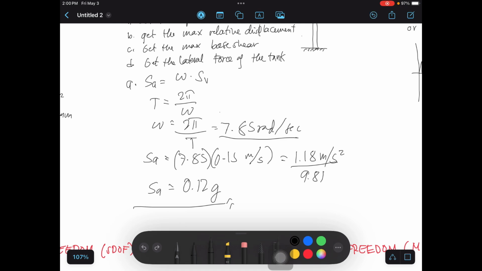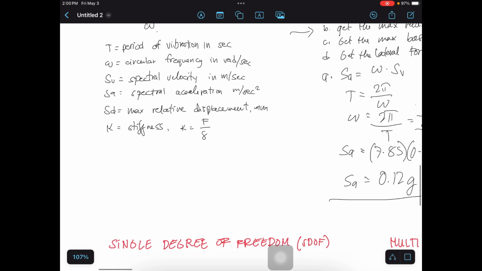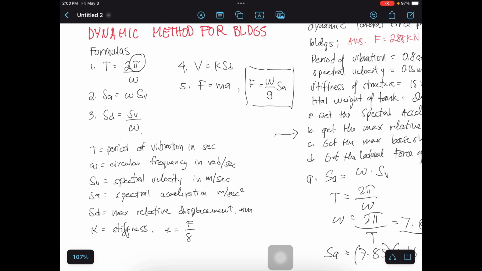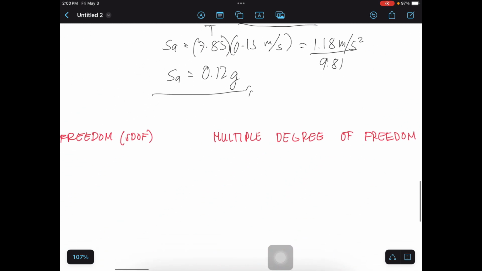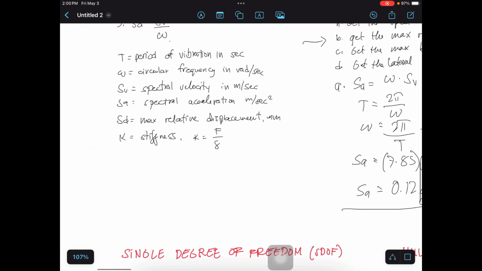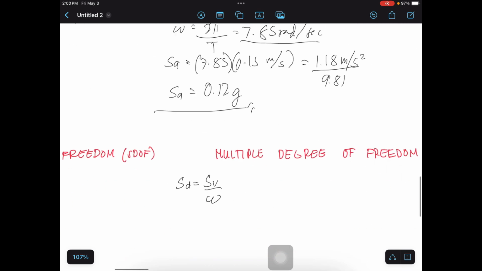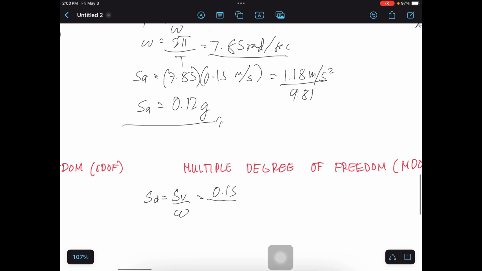Next, letter B, get the maximum relative displacement. So, that is SD. Our formula for SD is SV over omega. So, given yung SV na 0.15, and then our omega is 7.85.